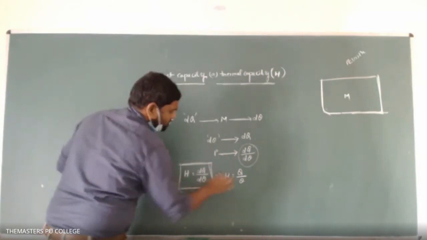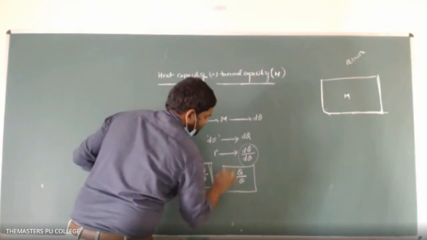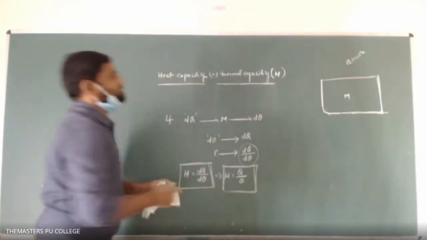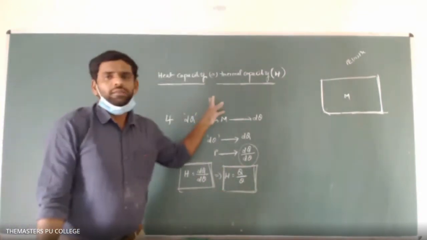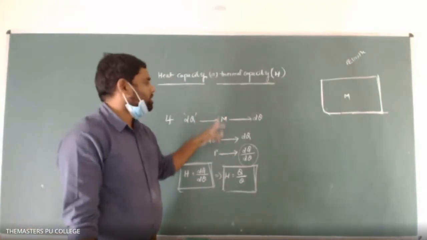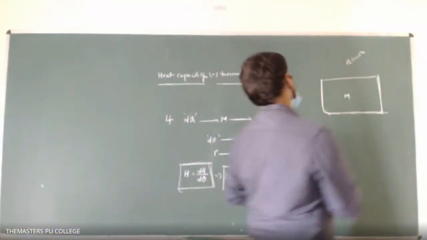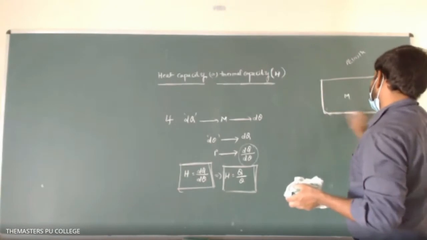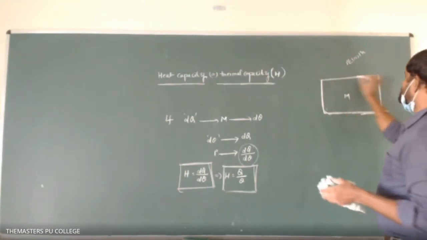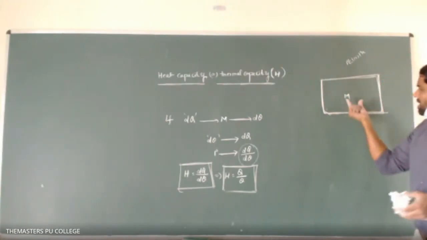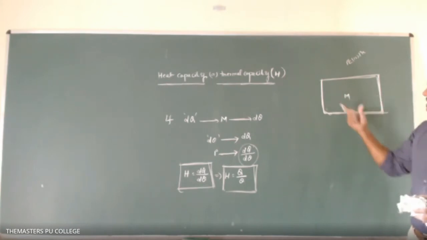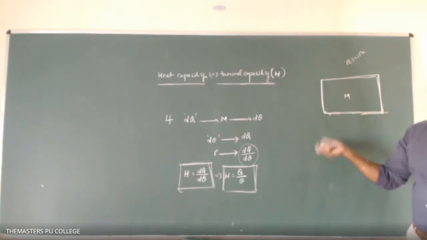Once again, have a look at it. How can we define heat capacity or thermal capacity? I have taken a block of certain mass m, irrespective of any substance. It may be water, an iron block, or made of brass, any material.